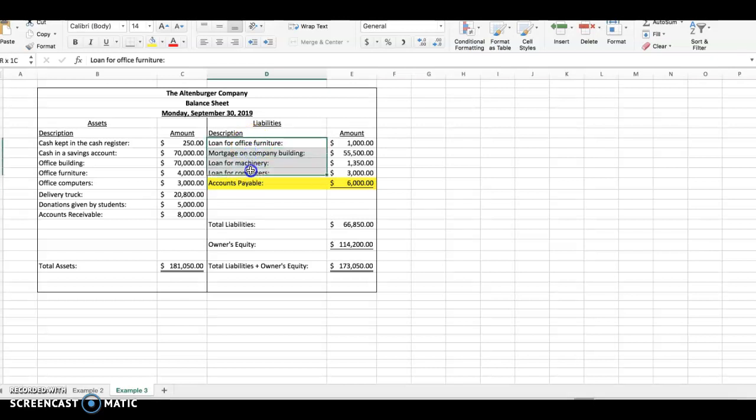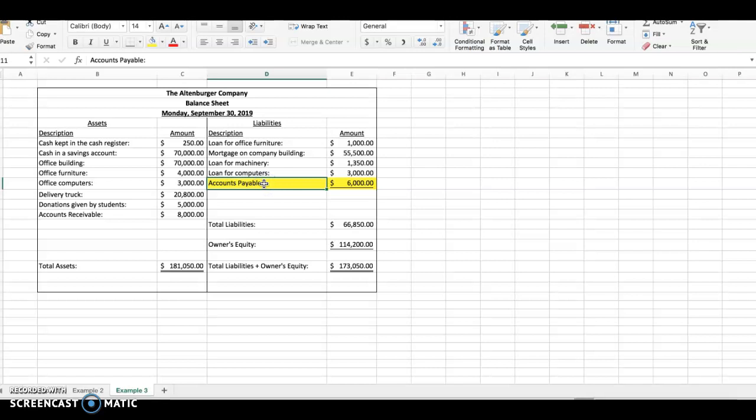These are longer term. Loans and mortgages, maybe a year, maybe 3 years. A mortgage may be up to 30 years that we have to pay off this loan for the company building. So that's the difference. Accounts payable typically are short-term debts that we owe. So we don't really call them loans, but they are liabilities.